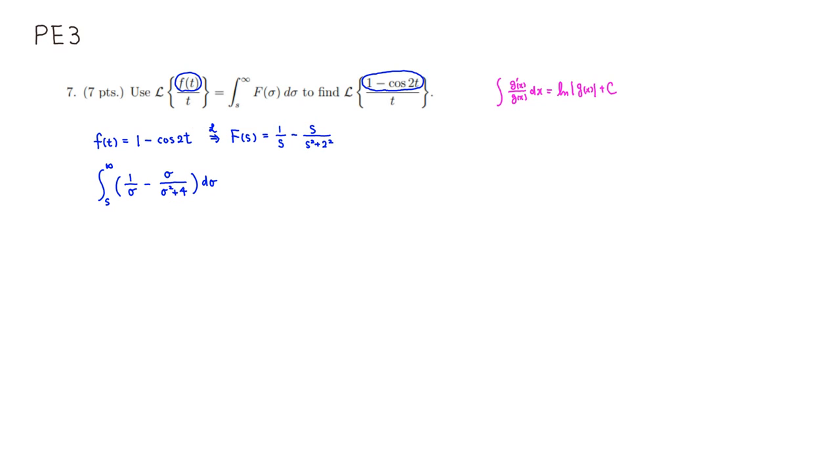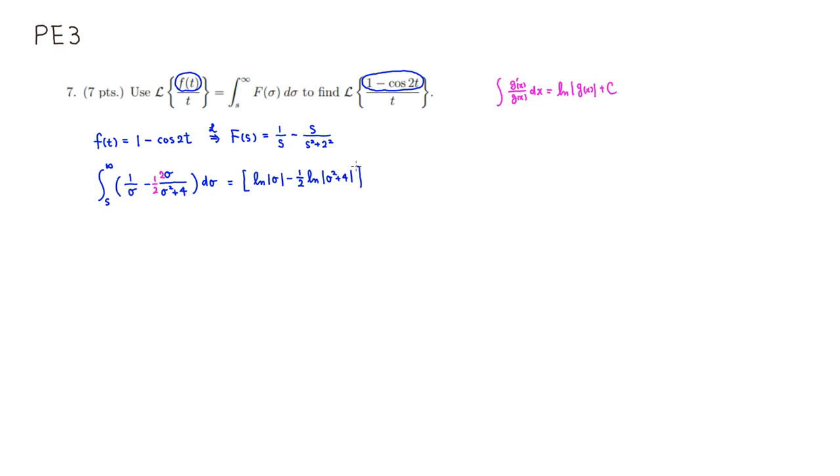So I put in the 2 that I want and multiply by 1/2 so we don't change anything. The antiderivative of 1 over sigma is natural log of the absolute value of sigma, minus 1/2 natural log of the absolute value of sigma squared plus 4.